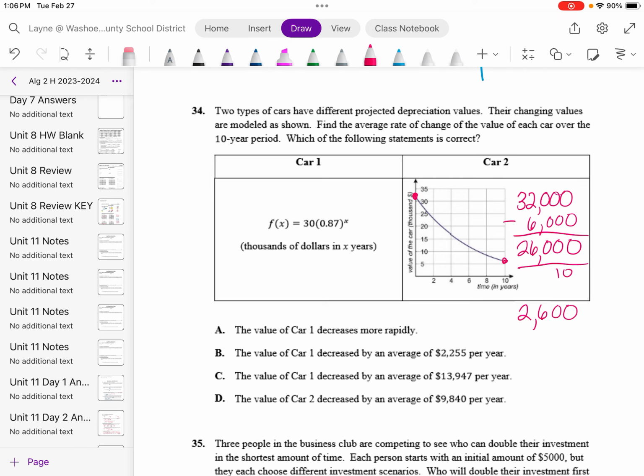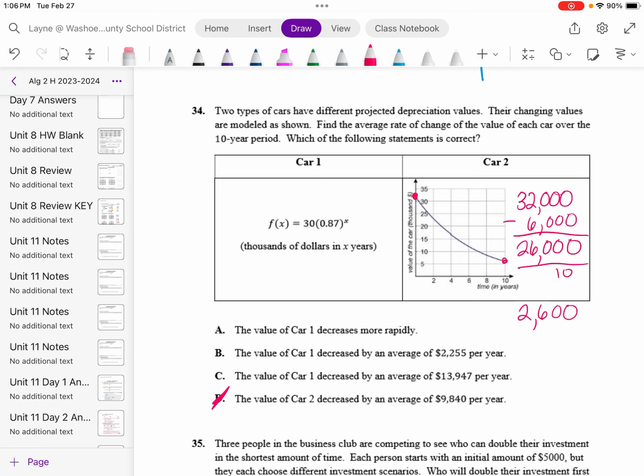So it went down by about 2,600 per year. So looking at the answer options, we can cross off D because it says the value decreased by an average of 9,000 something. It did not decrease quite that much.